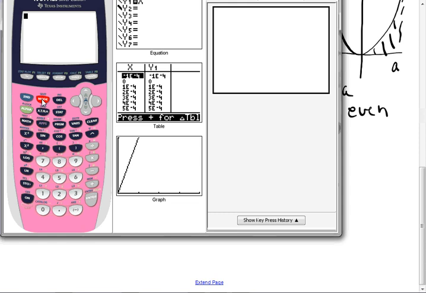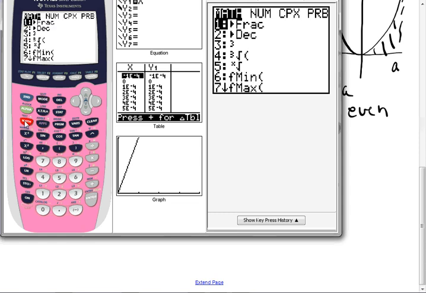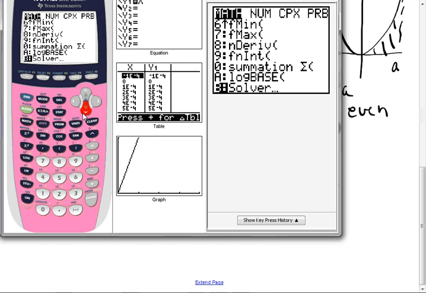Okay, ready? Don't forget to put it in y1. It's Math. And this little arrow says that there's more.